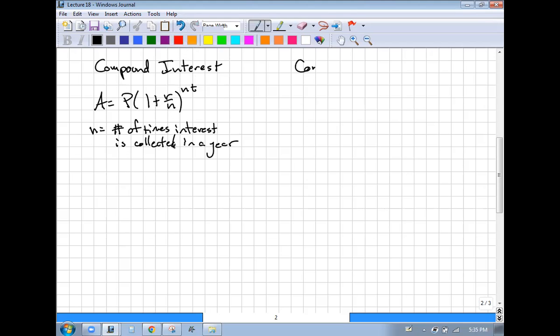Then you have continuous compound. What that means is that if you can compound the interest an infinite number of times, meaning you're collecting interest continuously, n goes to infinity, and what you get is that the P stays the same, but all this turns into e to the rt.